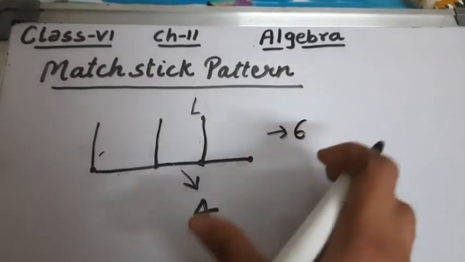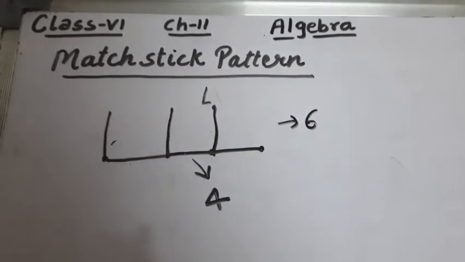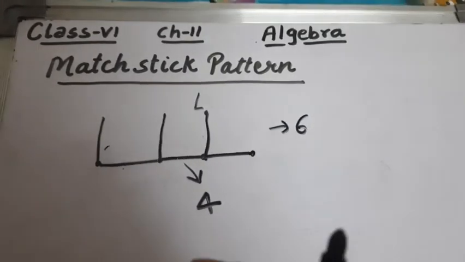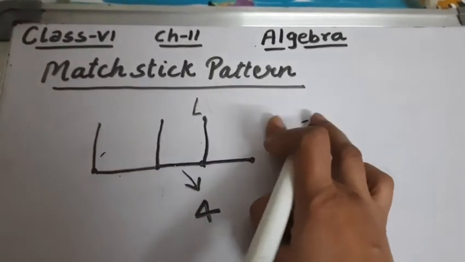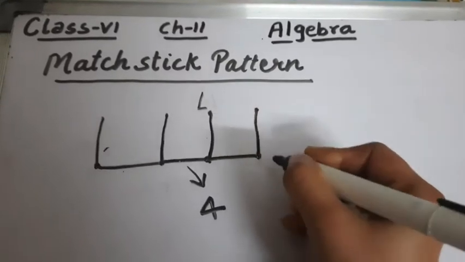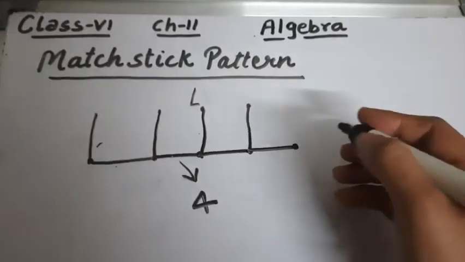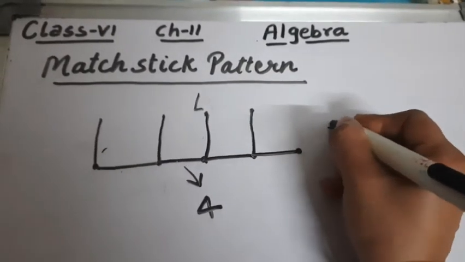If I make one more L, means I am making 4 L's, then the number of matchsticks required is 8.